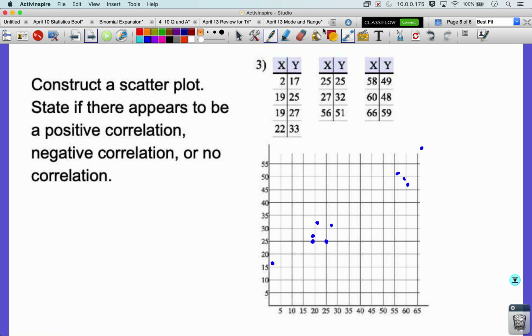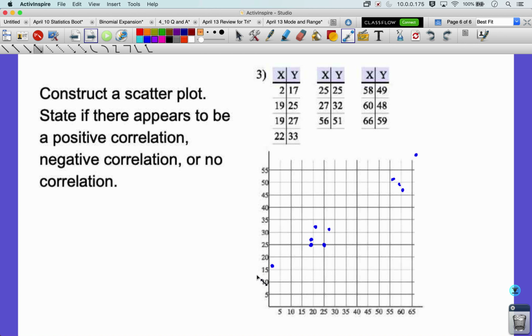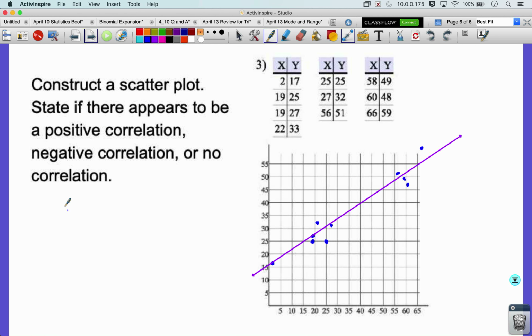This looks like, if I was to pass a line through this, I could get pretty close to all of my data points. I would call this either strong or moderate positive, but since moderate isn't one of our choices, we'll just say strong positive. Actually, this just says whether it's positive, negative, or no correlation. We're adding in that word strong or weak to describe the correlation even better.